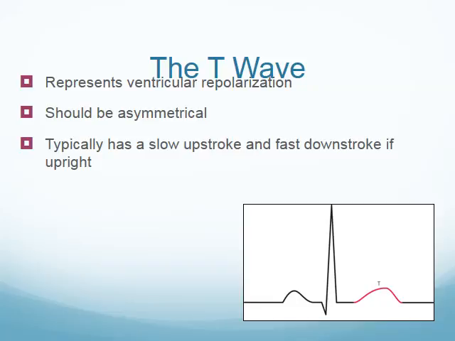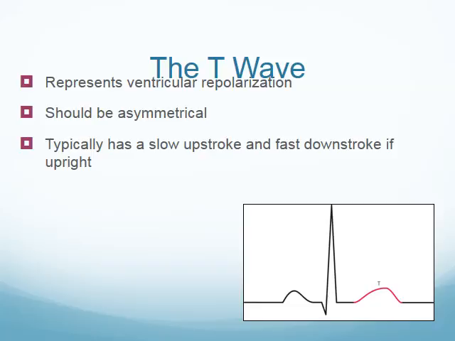The T wave represents ventricular repolarization. The T wave should be asymmetrical. It typically has a slow upstroke and a fast downstroke. Usually the width of the T wave is going to be 2/3 going up, and then 1/3 of the width going down.